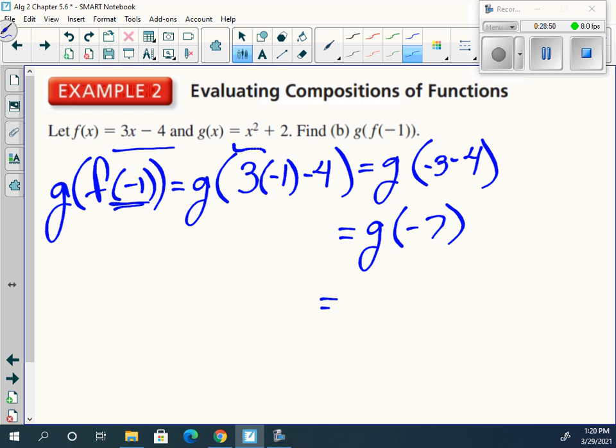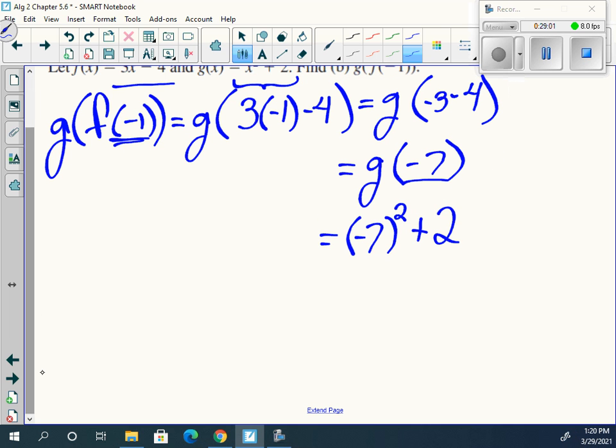So in every place where there's an x in g of x, we're going to plug in negative 7 for that value. So we would get negative 7 squared plus 2. Now, could we type parentheses negative 7 parentheses squared plus 2 into the calculator? Well, yes, the calculator can do that.